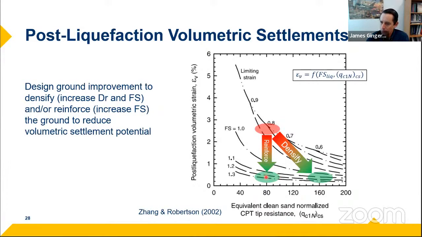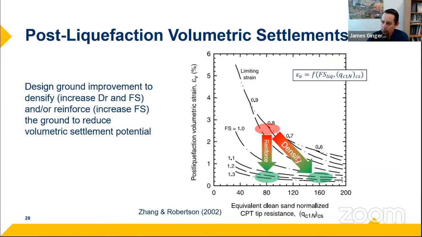So if I have a site that, say, has a factor of safety of around 0.8, 0.9, and a tip resistance of around 80, if I reinforce that site, I'm decreasing the seismic load without densifying the material. So the tip resistance stays the same, but I'm reducing the seismic load, which means I'm increasing the factor of safety. I'm going to try to take my site from here, which is 2.5% or so volumetric strain, down to something lower.